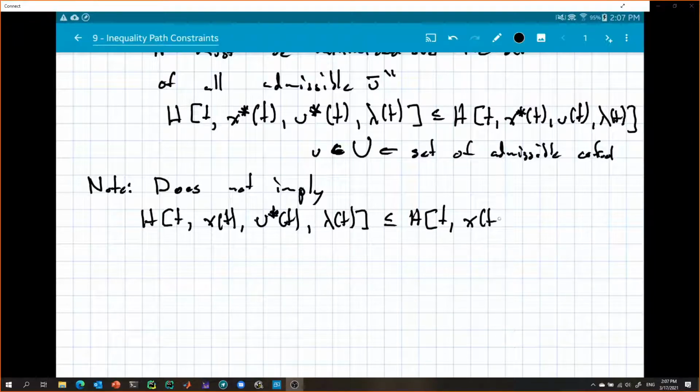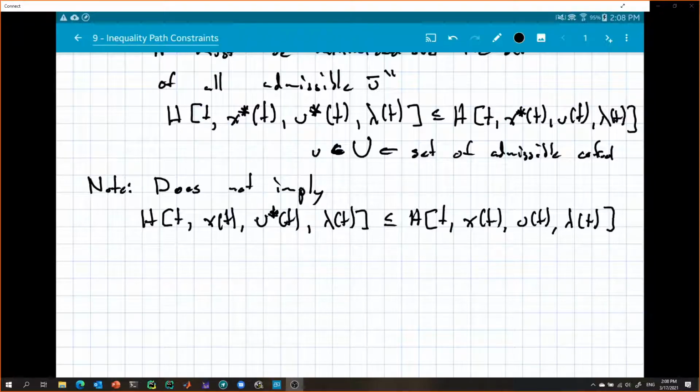See here, the x's don't have stars. So there might be somewhere that the Hamiltonian is smaller that isn't on the optimal path. But what this minimum principle only applies to is the optimal path.